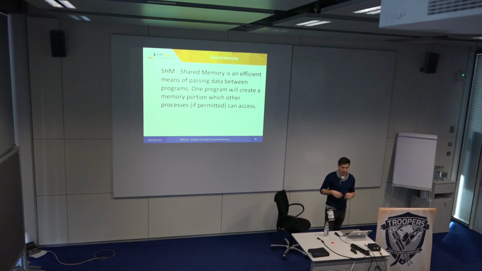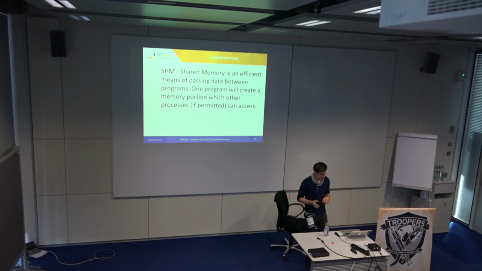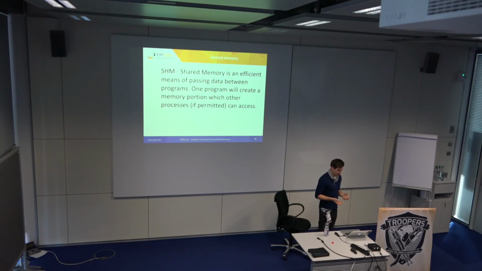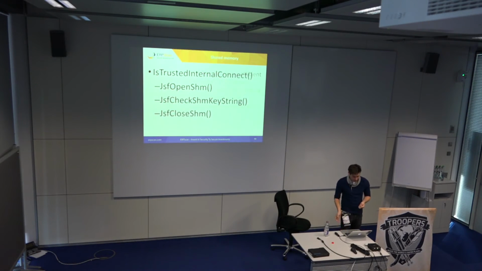SHM means shared memory. It's a special part of memory which allows two or more processes to share data. For example, one process can write some data into this shared memory, and another one can read this data. So, pretty comfortable. Let's try to understand what exactly these functions do.